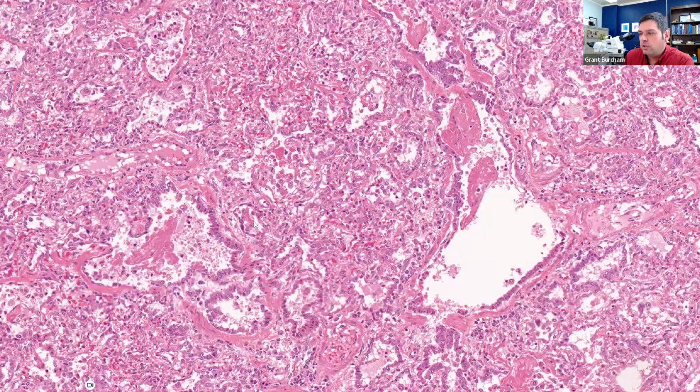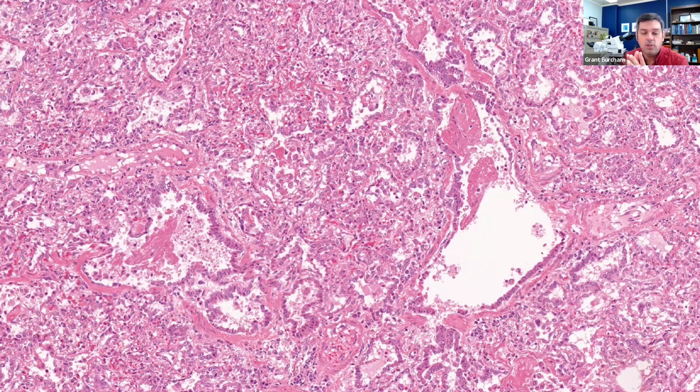So if you get a little bit closer, you'll notice that each of these should be an air sac, each of these little open structures. And air sacs should have very thin walls because the blood flows through capillaries within those walls, and there's gas exchange between the center, the lumen of the air sac, and the blood.